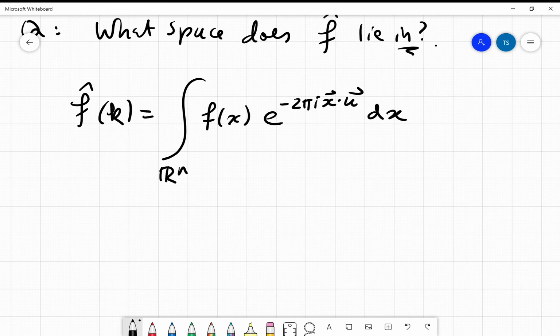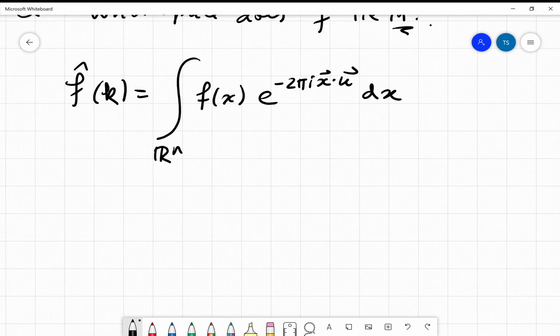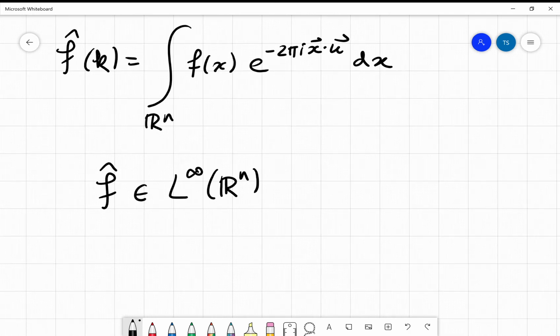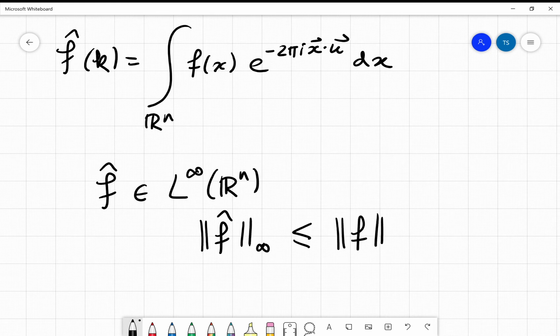But we've got to be careful. It's not necessarily going to be L1. So, f hat is certainly in L infinity of Rn. And the L infinity norm, i.e. the upper bound, in our case, is going to be bounded above by the L1 norm of f.